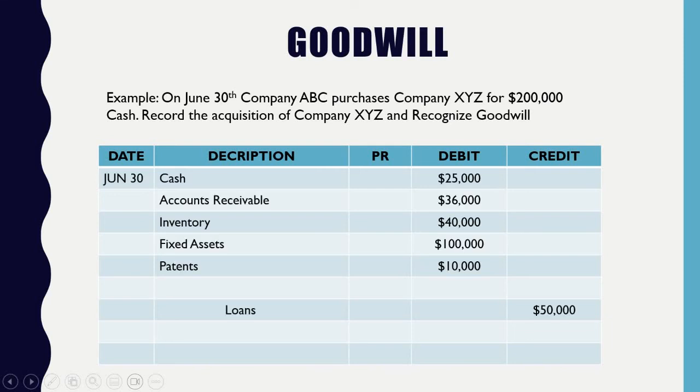So what happens is you're going to acquire all the assets at fair market value from XYZ company. So in this case, here you go. I drop it all in there. That's $162,000. I also have to pay for the loan, $50,000.